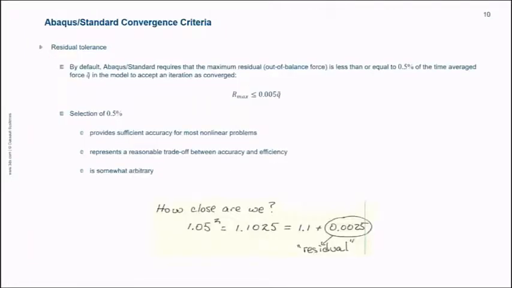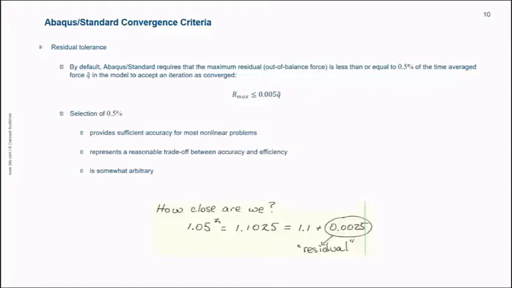All right, so we saw that we have a residual tolerance check, and it's really a ratio check. You can see the equation here for the residual: the maximum residual at any degree of freedom in the set of equations has to be less than 0.005 times this mysterious Q tilde, which is simply a running time average of a typical force in the mesh. You could divide by Q tilde, and so you really have a ratio check.